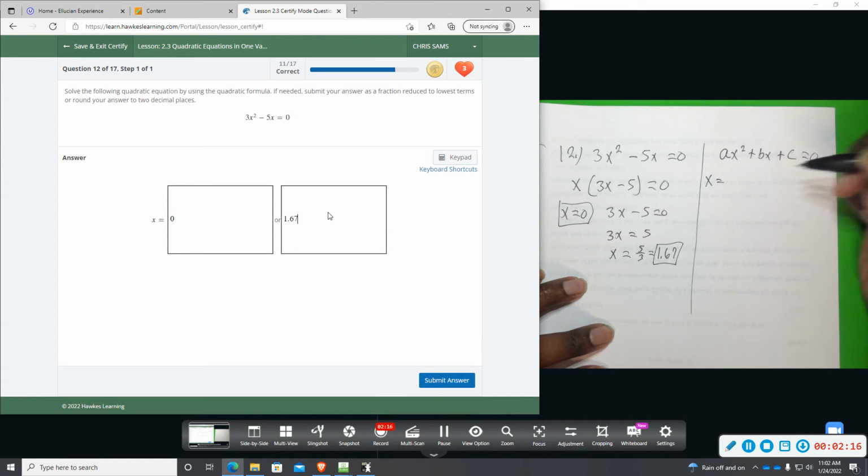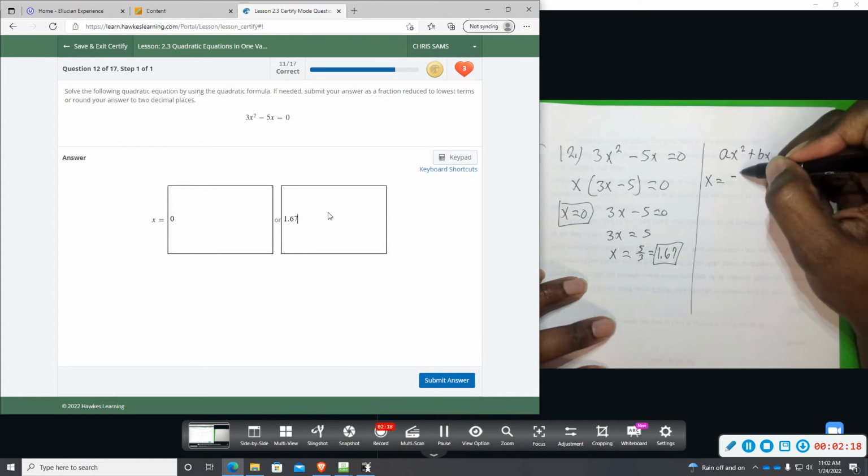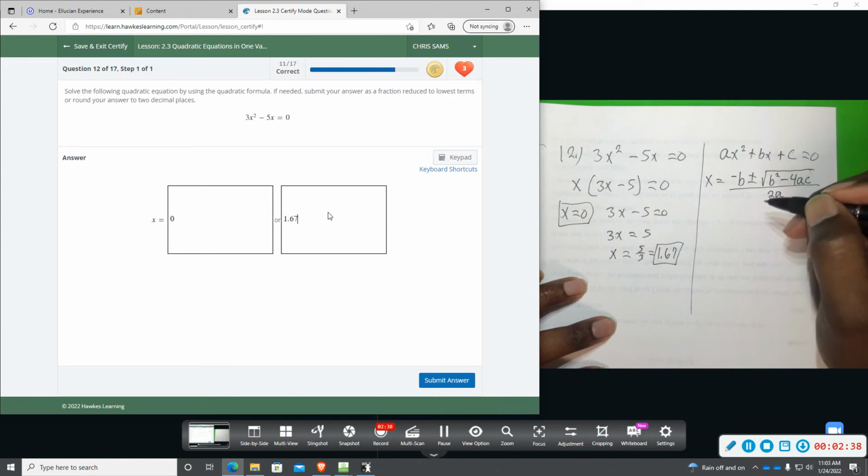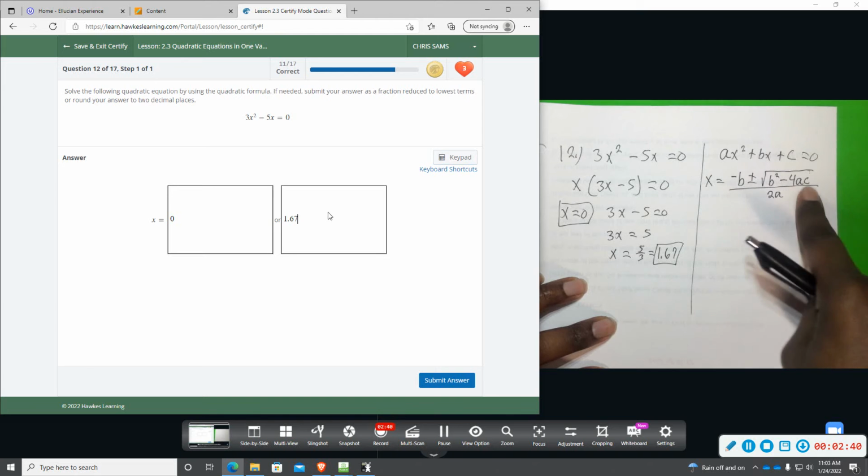The quadratic formula is x equals negative b plus or minus the square root of b squared minus 4ac, all divided by 2a. This comes from completing the square, and it works every time. So you have to identify a, b, and c from your problem.